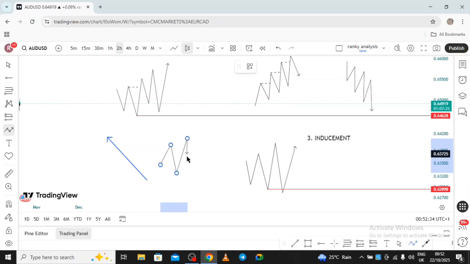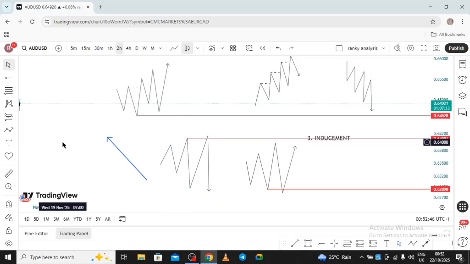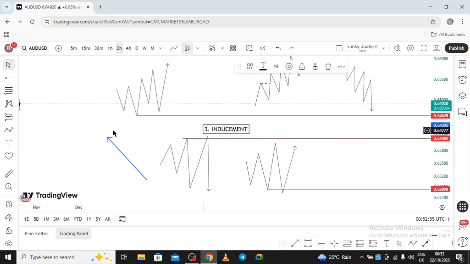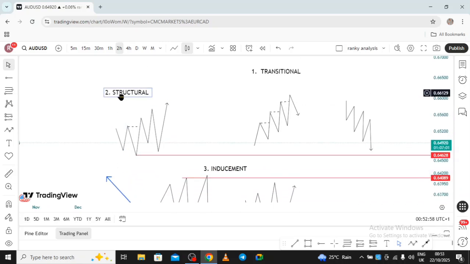Take out the protected high and continue selling. So this is for inducement. This is the structural liquidity.